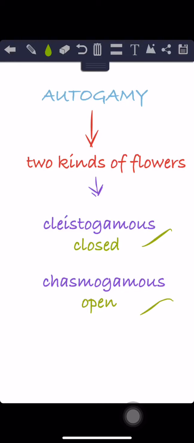These are the two kinds of flowers produced by autogamous plants. Cleistogamous flowers are restricted to self-pollination. They can never undergo cross-pollination, whereas chasmogamous flowers can undergo self-pollination as well as cross-pollination.